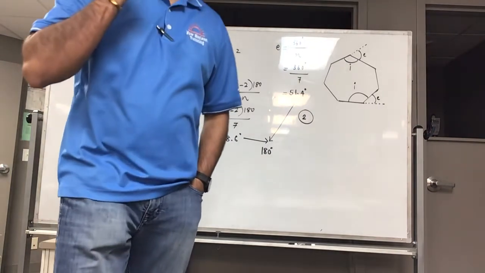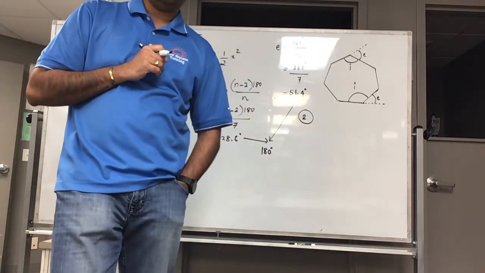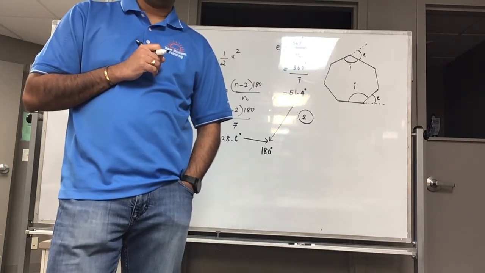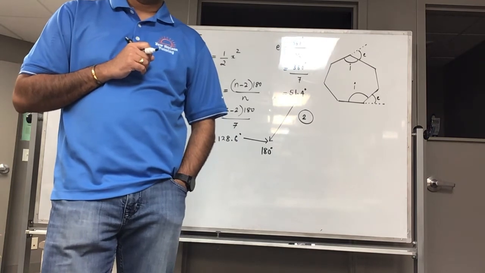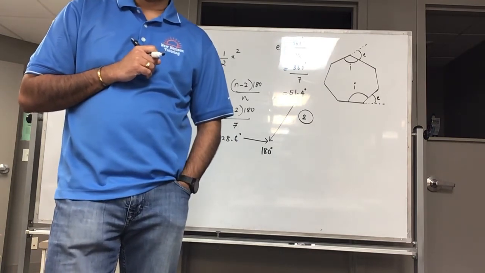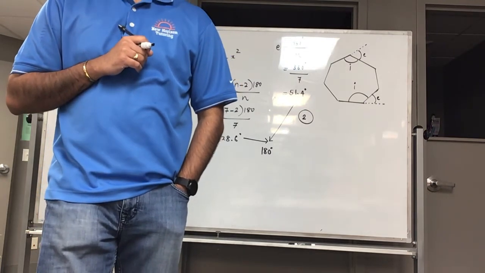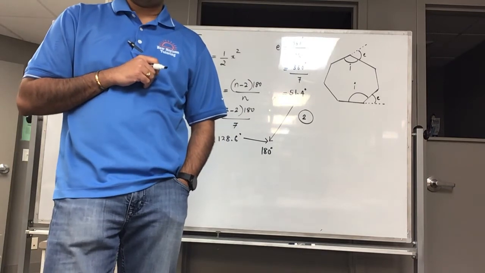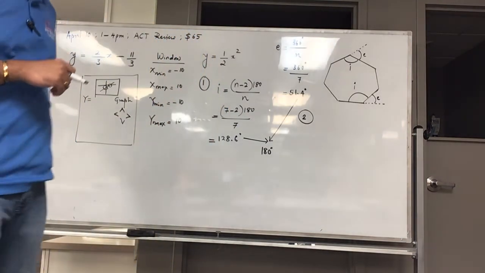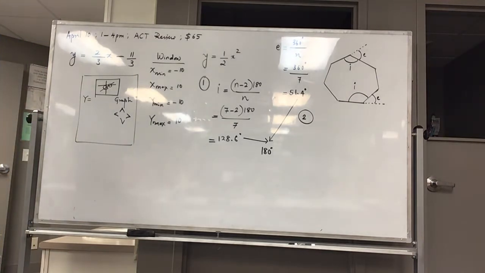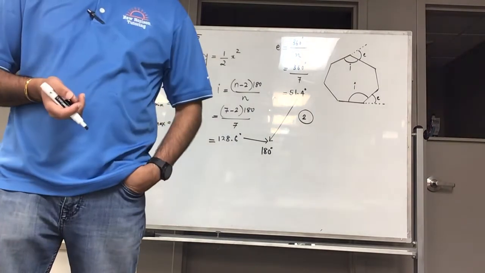Find the total number of diagonals in a 22-sided polygon. 22-sided polygon. 209. You guys got it?